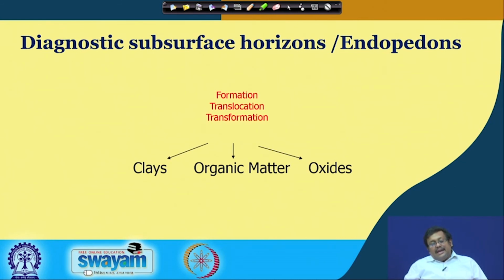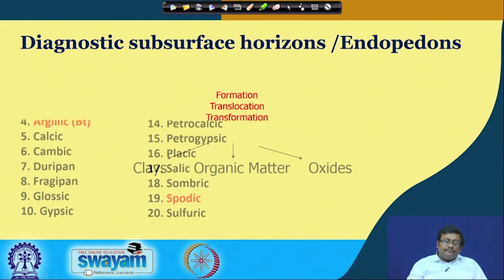So, when clay, organic matter and oxides translocate from one part of the soil to another part, and when they transform from one form to another form, they create these diagnostic subsurface horizons or endopedons.